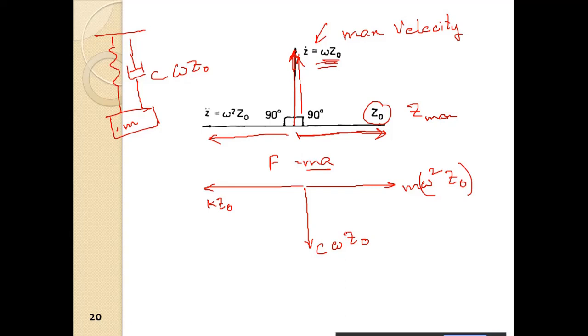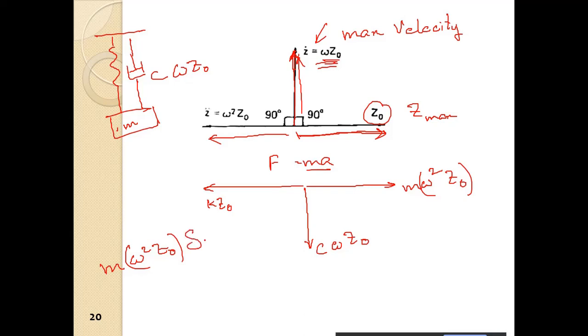So if we want to vary with time, we can write it like this: m omega square z naught, which is in phase with the displacement.